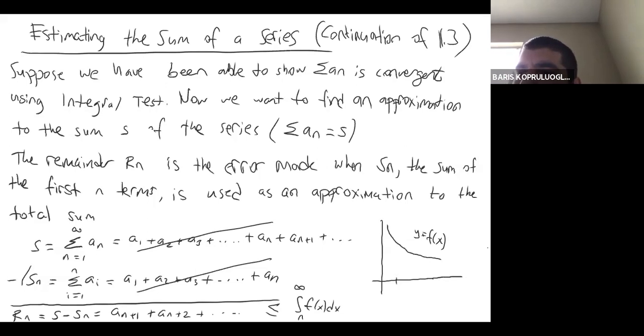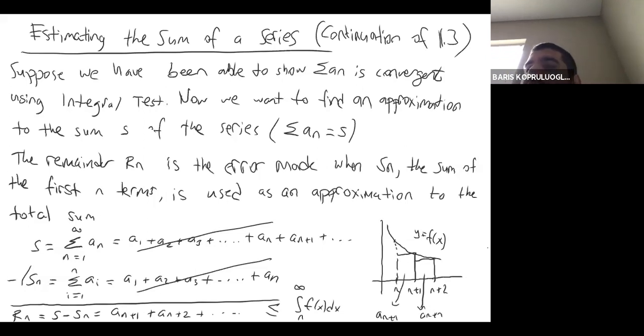If you use the right endpoints to approximate the area under the curve, it's going to be a_(n+1), then a_(n+2).